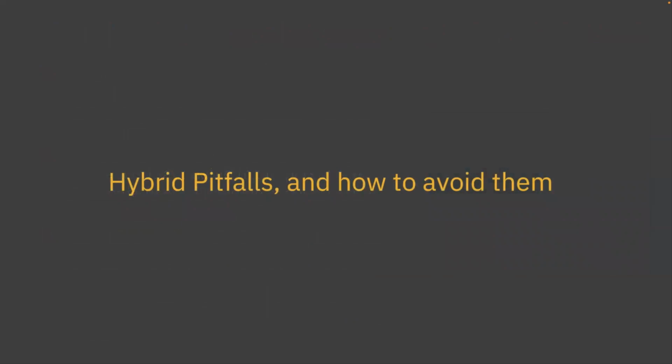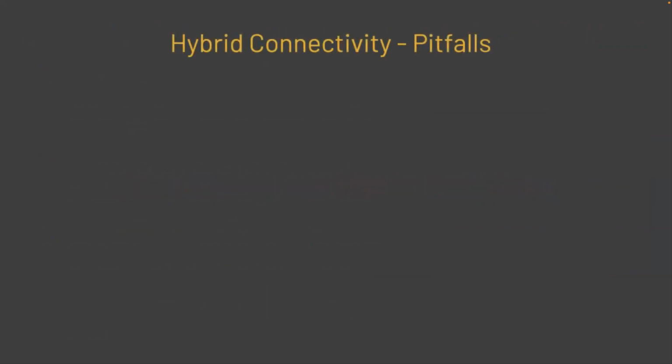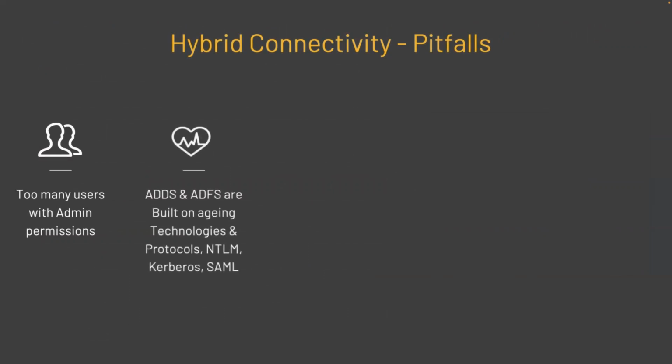So with all of these hybrid pitfalls, how can we avoid them? What are some of the tips and tricks that we can use in order to avoid these? Well, in many cases, you've got too many users on premises with admin permissions. Many of these technologies are aging technologies.